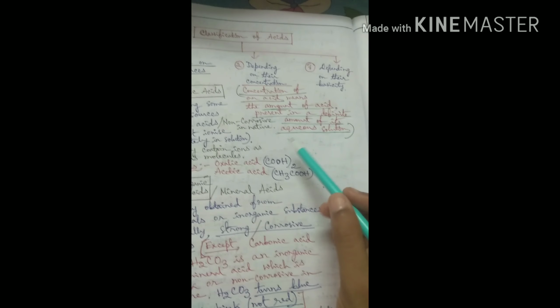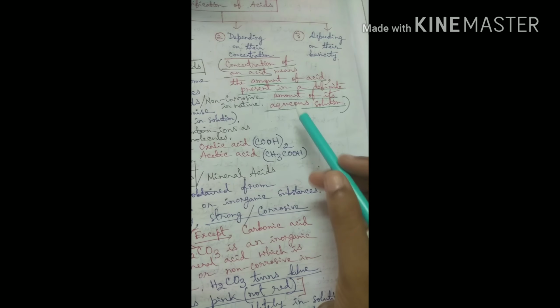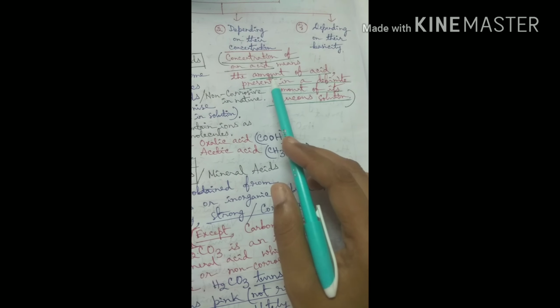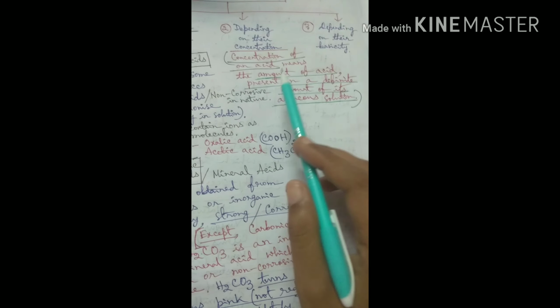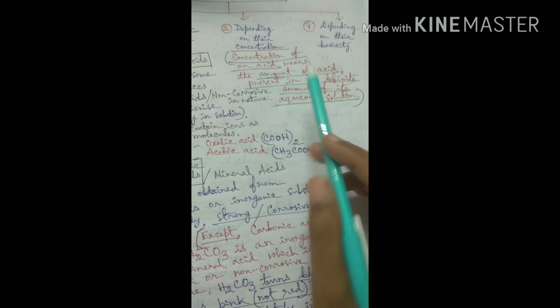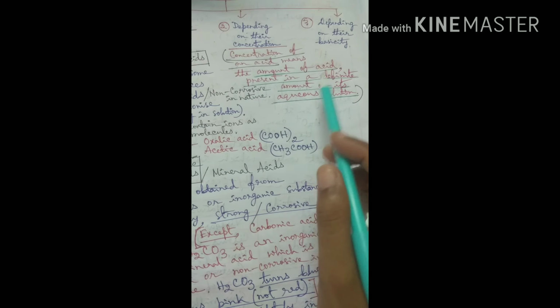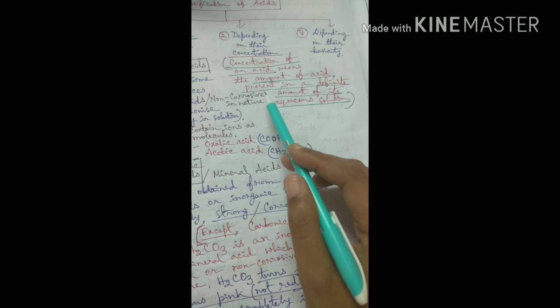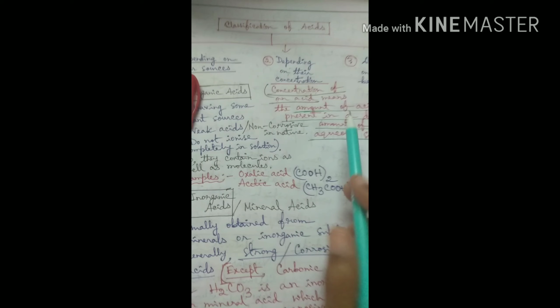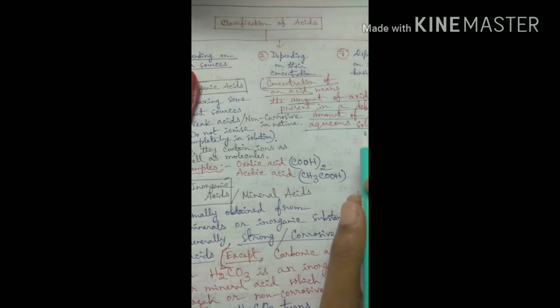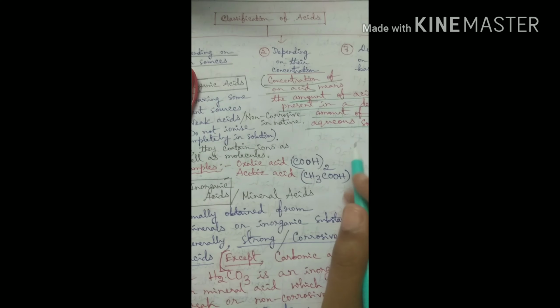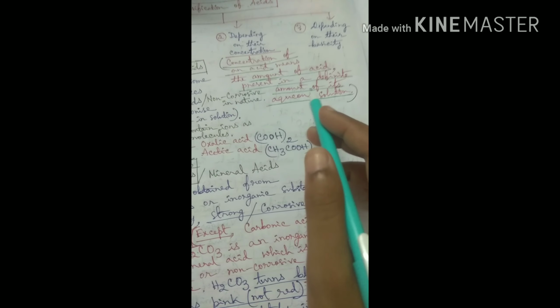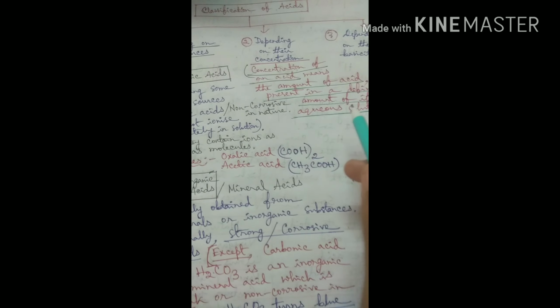One thing I must inform you is that the concentration of an acid does not mean the strength of that acid. Concentration simply tells us the amount of water present in the acid and not the strength of the acid.